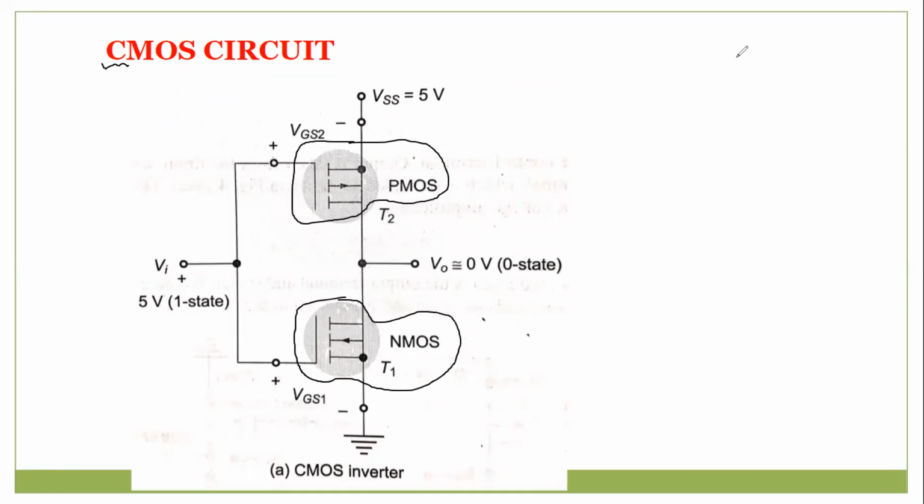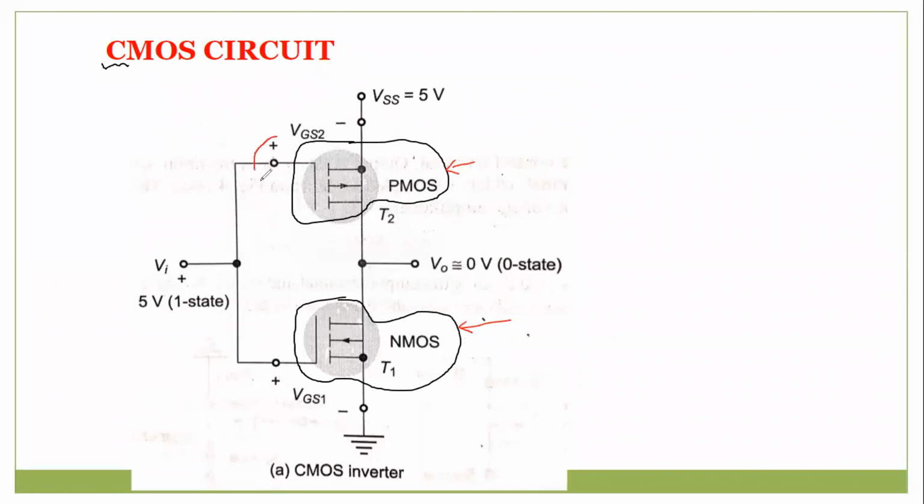So here, how will this circuit work? What is it made up of? This CMOS circuit is constructed using two types of MOSFET, that is enhancement MOSFET. One is NMOS, and the other is PMOS.